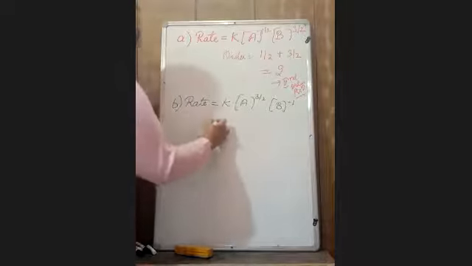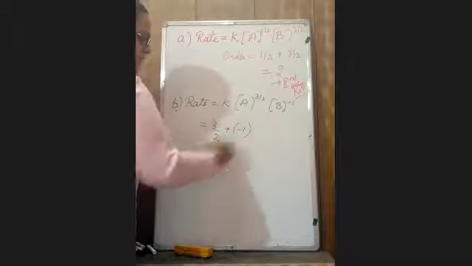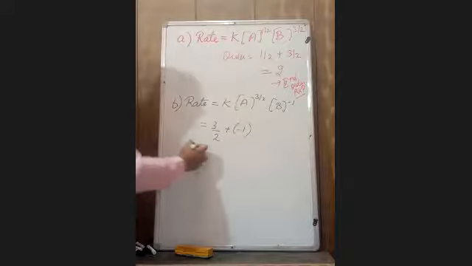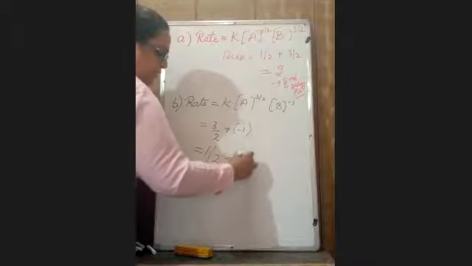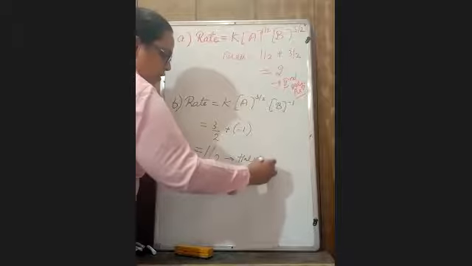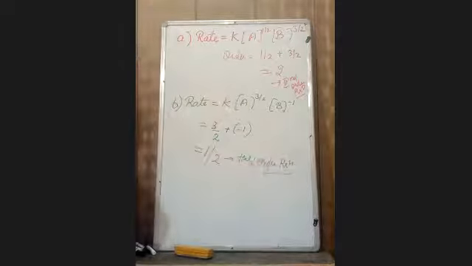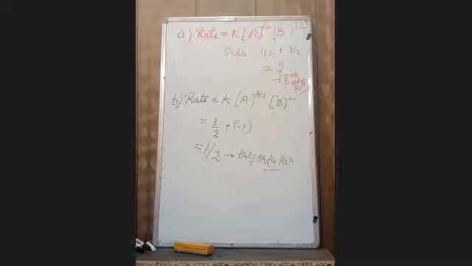So order will be 3/2 plus -1. It will be how much? Half. So overall order of reaction is half order reaction. Till now, is there any doubt? Please let me know. Or if it is clear, give me thumbs up.